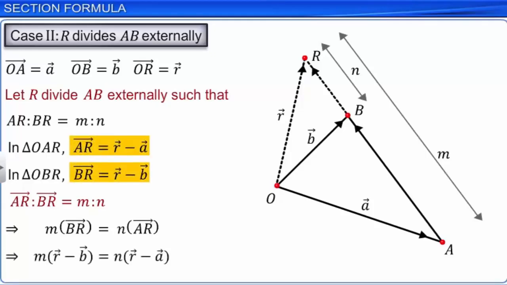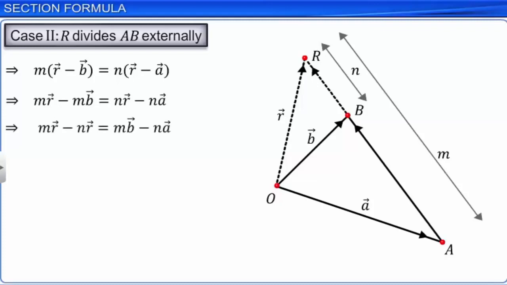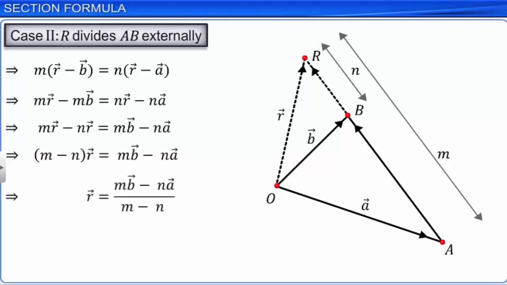On simplification, we get vector R is equal to (M into vector B minus N into vector A) divided by (M minus N). This expression gives the position vector of point R that divides line segment AB externally in the ratio M is to N.